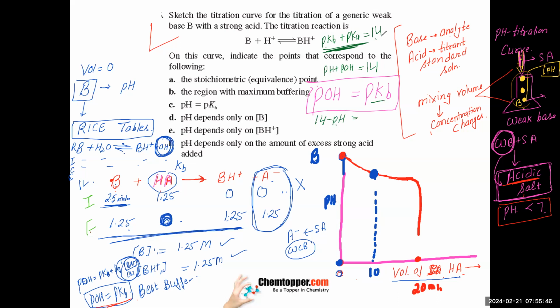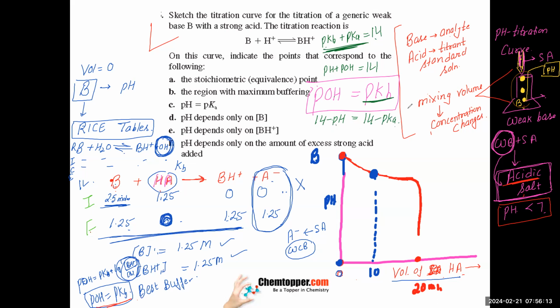Yes, Azuni. pKw is 14, right? 1.0 times 10 to the minus 14, that is Kw. Take negative log, you get 14. So can I write in place of pKb, pKa minus 14? Oh no, 14 minus pKa, sorry. 14 minus pKa.